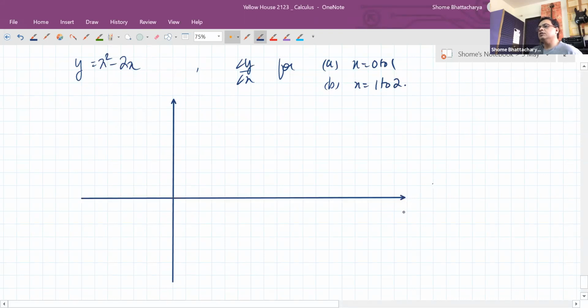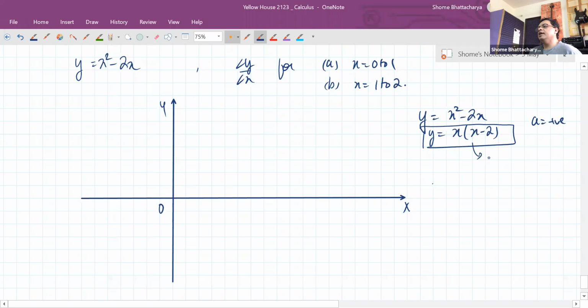So when we look at this equation now, we can see it's a quadratic equation which has a positive coefficient of x square. So a is positive, okay, and we can see that x equal to 0, y is equal to 0, x equal to 2, y is equal to 0. Okay, so that means it cuts the x-axis at the origin and again at the point 2, which is, let's say, over here.